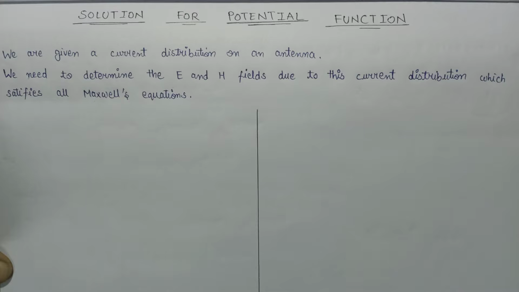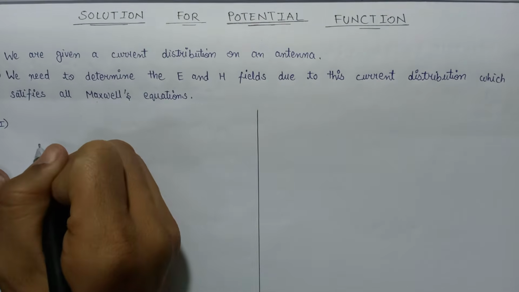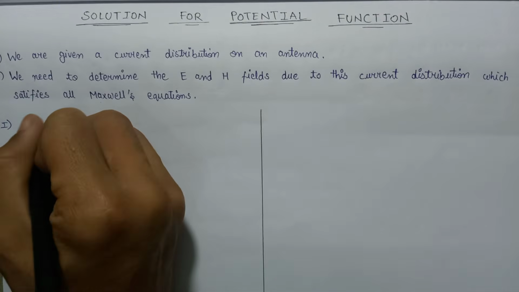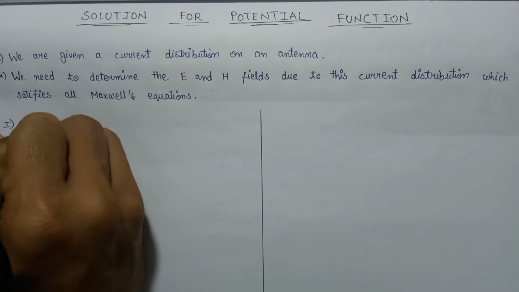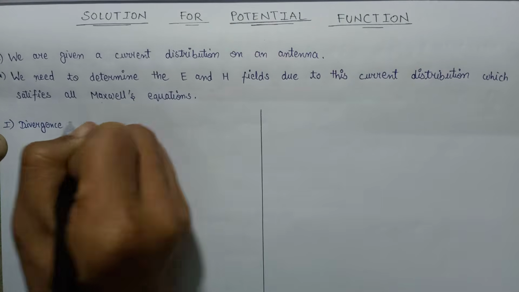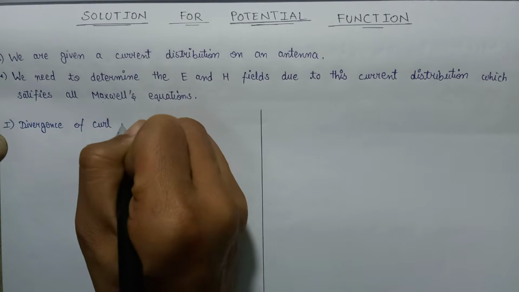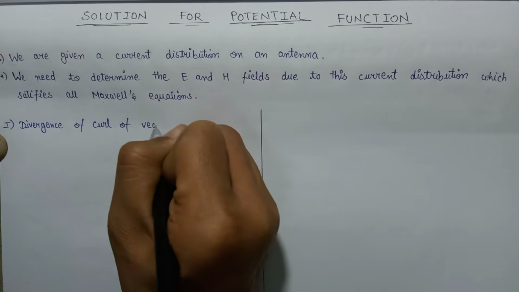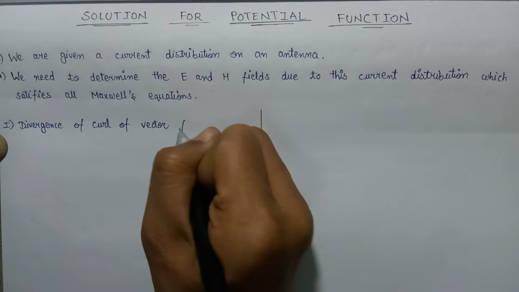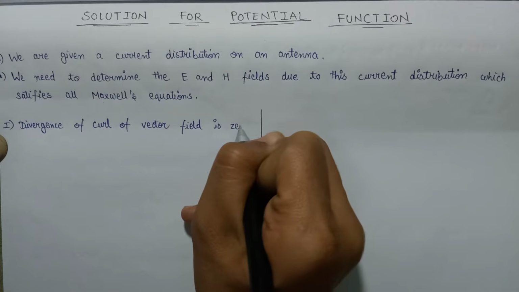We know that the divergence of the curl of a vector field is always equal to 0. This is our first step. That's why we write the divergence of the curl of a vector field is 0 always.